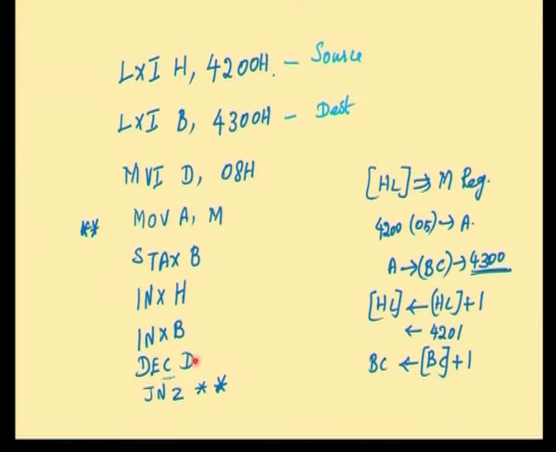I am decreasing the counter. Now the counter value is 07. 07 is not 0, so it will switch over to this location. Now the 201 value will move to accumulator, then that will be stored in 4201. DCR D. DEC is in 8086, now we are discussing 8085 which is DCR D.